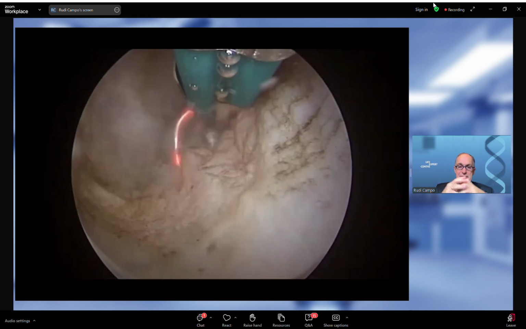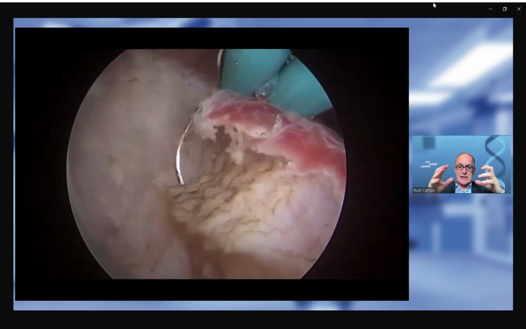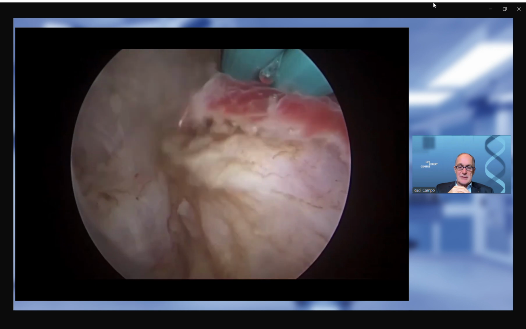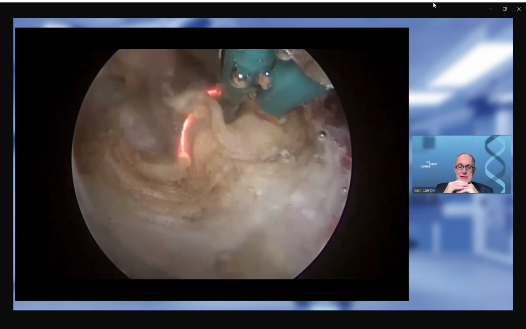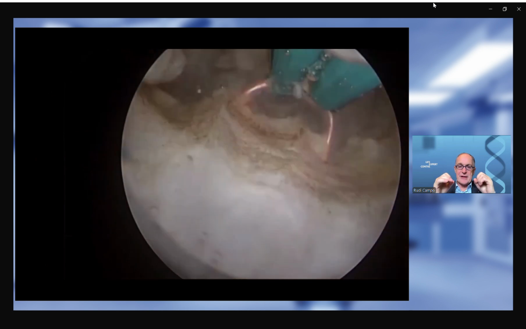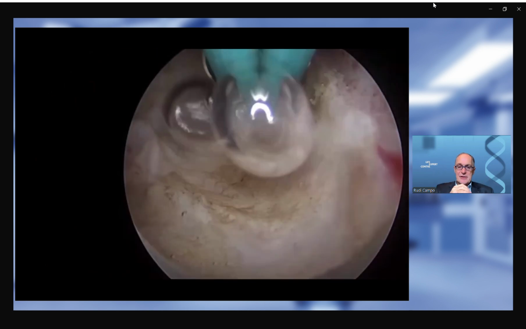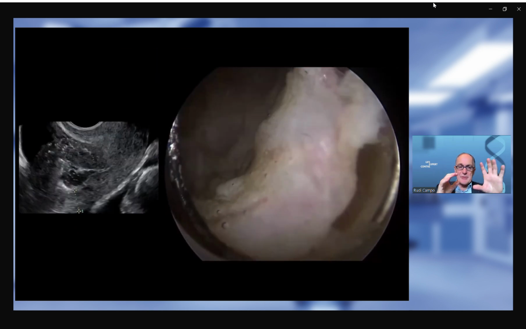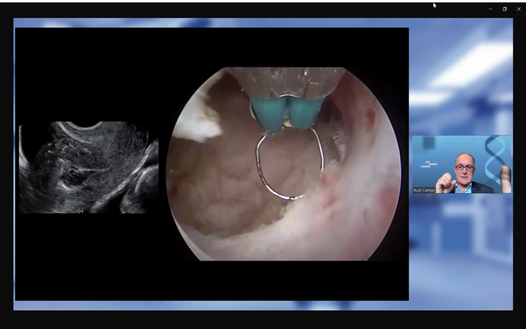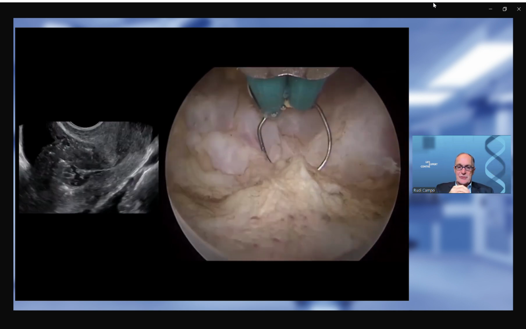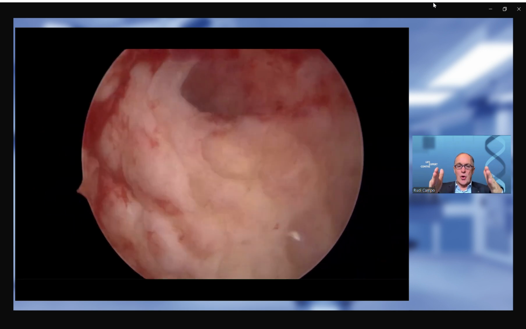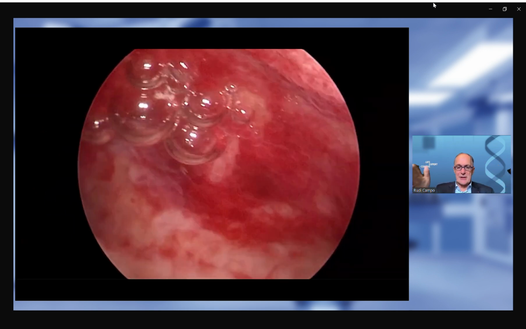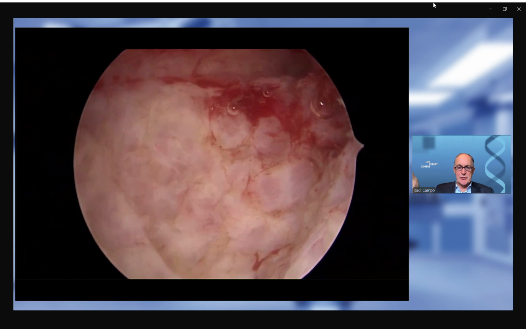And we resect, I can tell you, the first case we did, we were terrified, but you resect every tissue, everything. Don't leave diseased tissue. Simultaneously, and we do now intermittent transvaginal ultrasound measuring, and this is the end. The whole backyard, the whole posterior wall is removed.